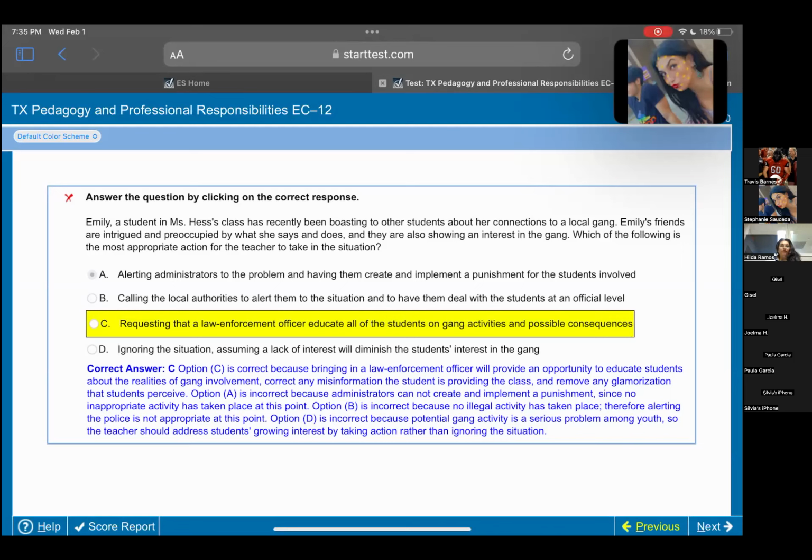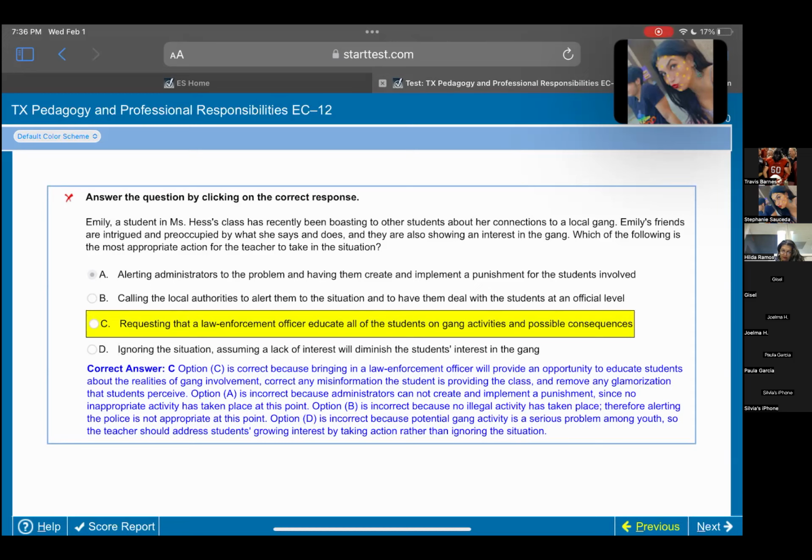Option: requesting that a law enforcement officer educate all of the students on gang activities and possible consequences. Option: ignoring the situation, assuming a lack of interest will diminish the student's interest in the gang. So obviously we know C is correct.